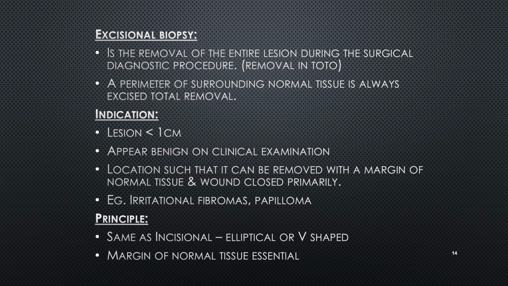A margin of the surrounding normal tissue is always excised when we are doing these biopsies, so that our pathologist can differentiate between the normal tissue and the diseased tissue or any other pathology. The indication is a lesion of more than 1 centimeter, or it depends upon the lesion. It might appear benign on clinical examination but can be malignant. The location should be such that it can be removed with a margin of normal tissue and the wound closed primarily.